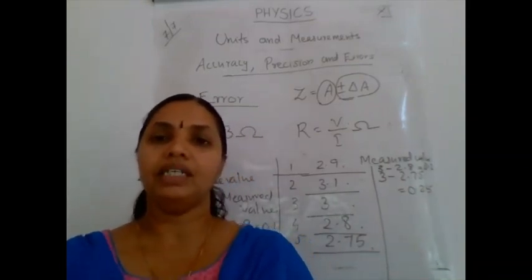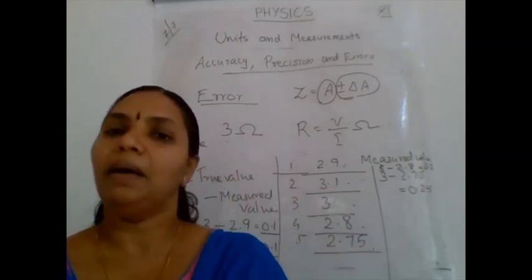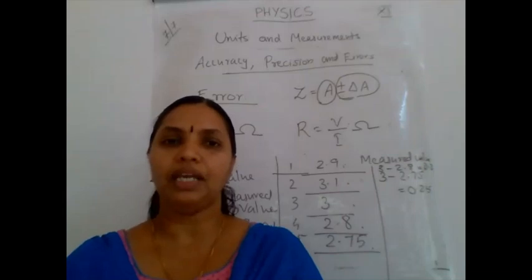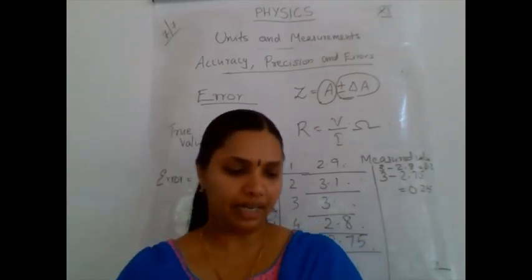the measured value. That's the value which we are getting after the measurement. Okay, so that is error. So write down the definition for error.